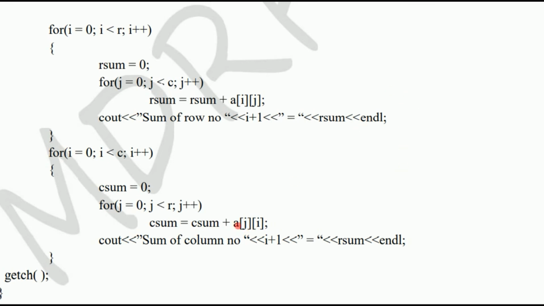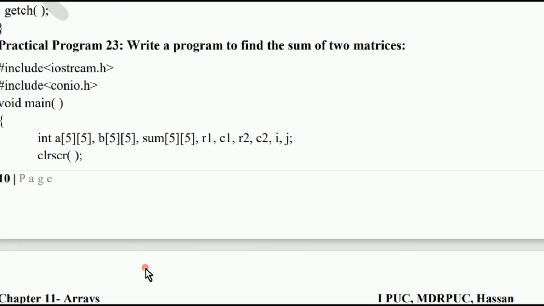Then automatically it will take the column values. So 0, 0 the first time, second time 1, 0, third time 2, 0, if there are 3 elements. If there are only 2, then here the j, that means the row index, is changing, but the column will be kept constant.